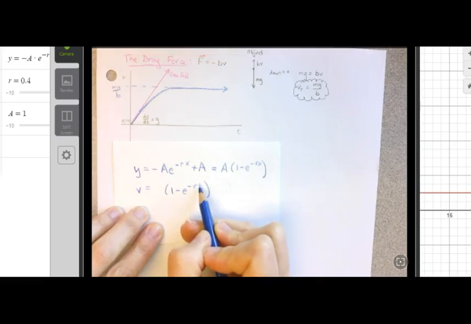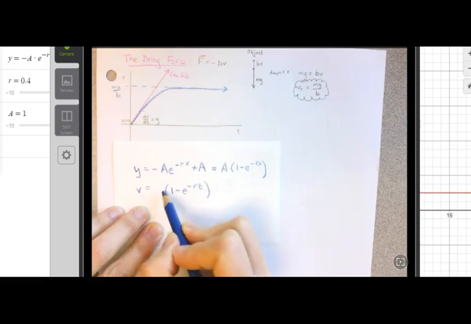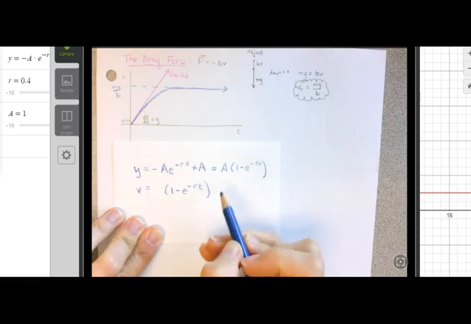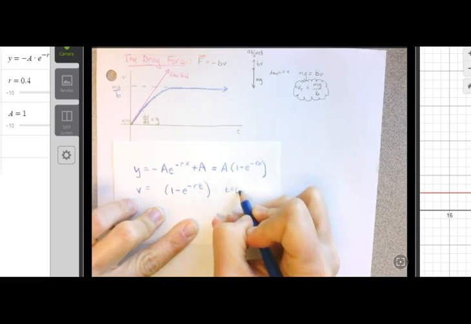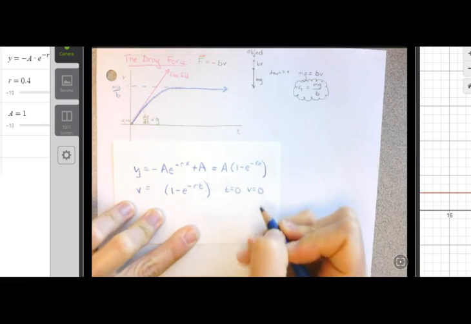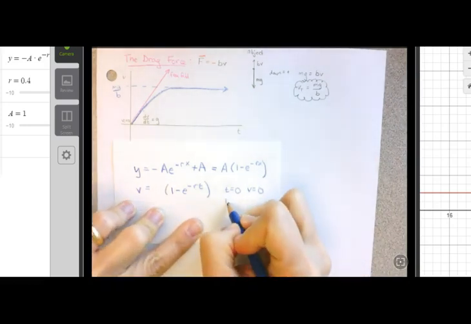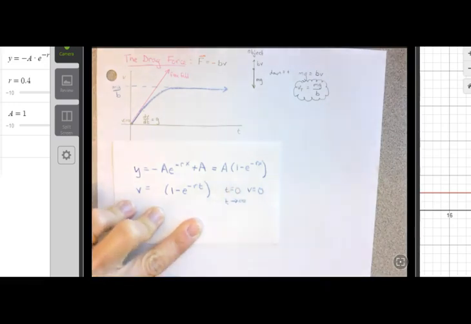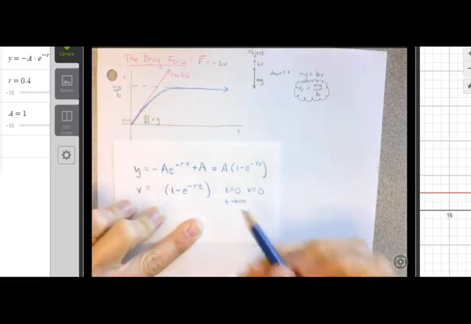When time equals 0, e to the 0 is 1, 1 minus 1 is 0, we're in good shape. This is what we'll call a boundary condition, or a boundary value condition. Here is our first condition. We needed to go through 0, 0 right here. We have achieved our first boundary condition by the cunning flipping of our shape. Our second boundary condition is after a long, long, long time. Technically, we'll never get there, says math class. Yeah, close enough for government work, says physics.